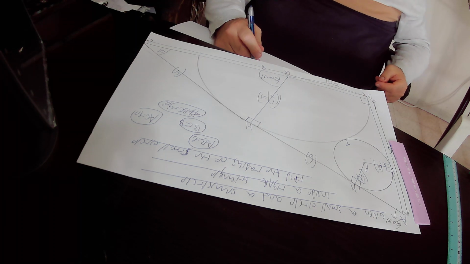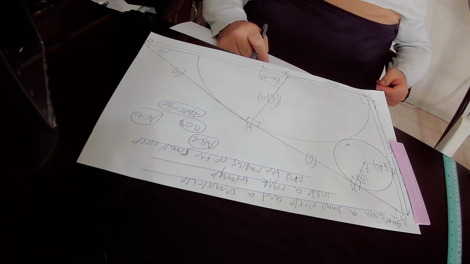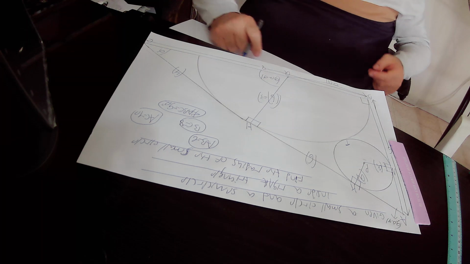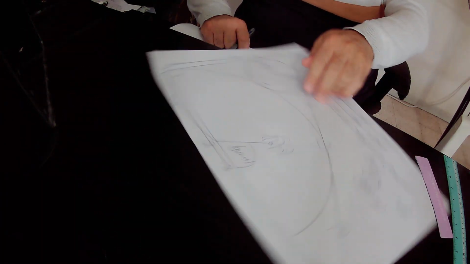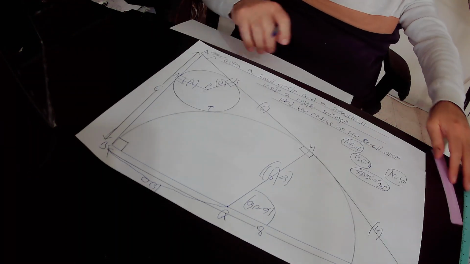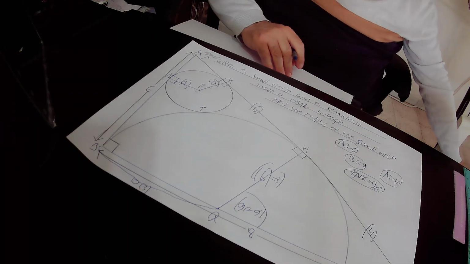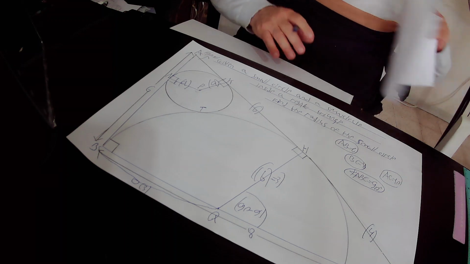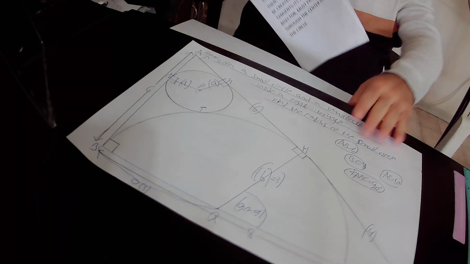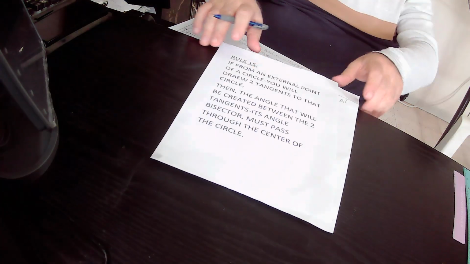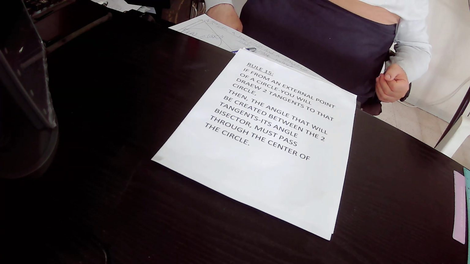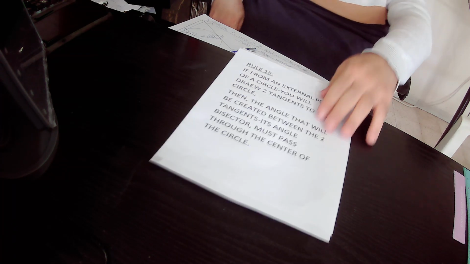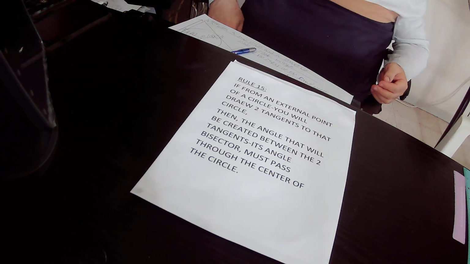Okay, in the next step, I will present a new rule, and we will implement the new rule in our drawing. The new rule is rule 15. According to rule 15, if you start from an external point of a circle, you can draw two tangents to that circle.